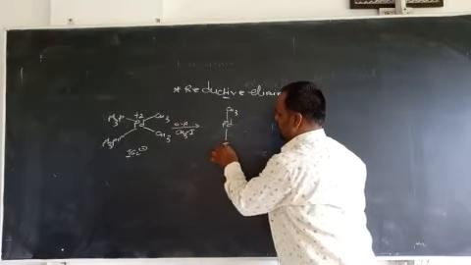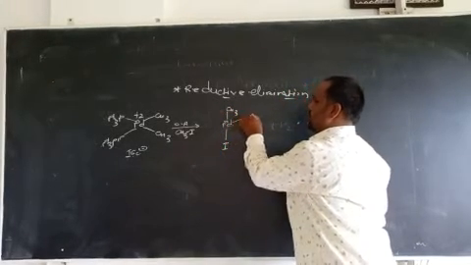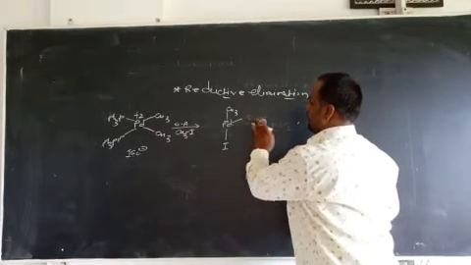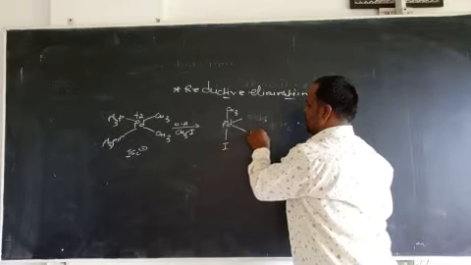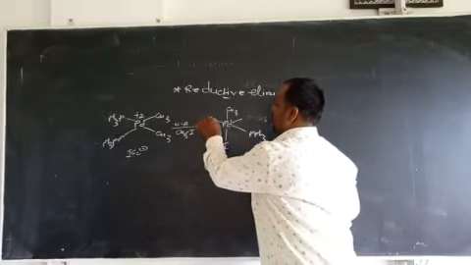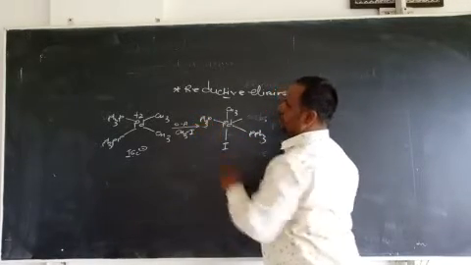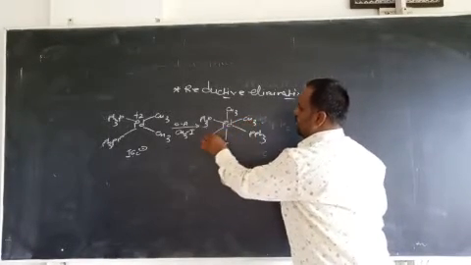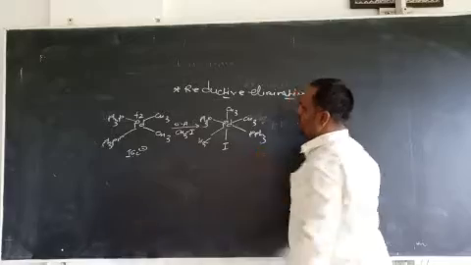CH3 ion, then here PPh3, and then this CH3 and this CH3.